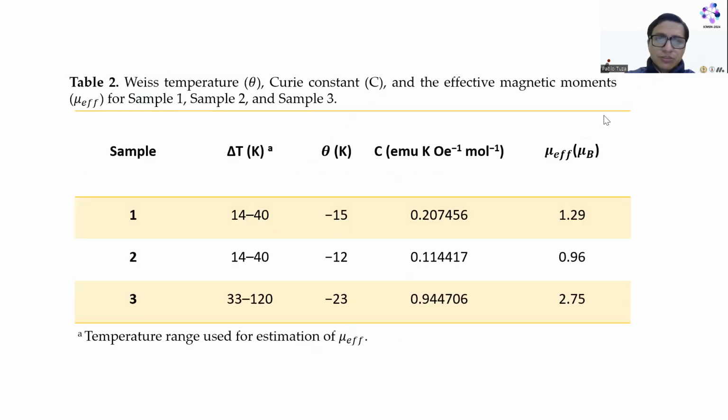From these results, it was determined that the Néel temperature for sample 1, sample 2, and sample 3 was 15, 12, and 23 Kelvin, while the magnetic moment was 1.29, 0.96, and 2.75 Bohr magneton for sample 1, sample 2, and sample 3, respectively.